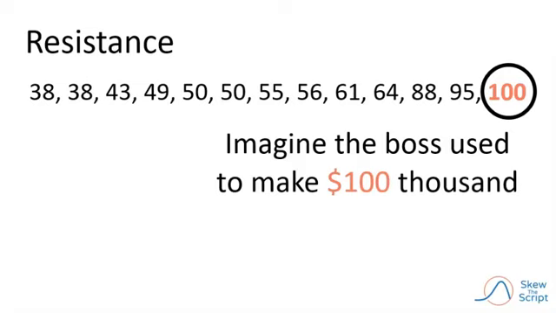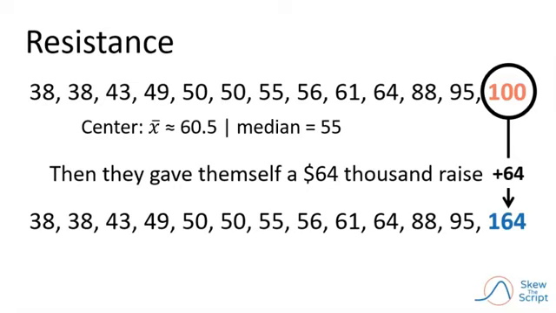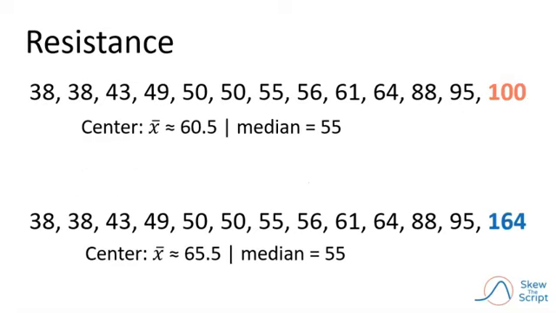So previously, before the raise, the mean salary for the entire company was $60.5 thousand and the median was $55,000. Now, after the raise, the new mean was $65.5 thousand and the median was $55,000.